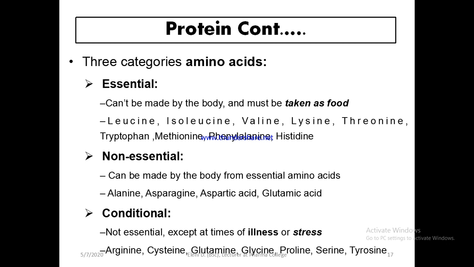And there are 3 categories of amino acids: essential, non-essential, and conditional. Essential amino acids cannot be made by the body, so they have to be supplemented from the food that we eat. There are about 9 essential amino acids known. Non-essential amino acids can be made by the body from the essential amino acids.